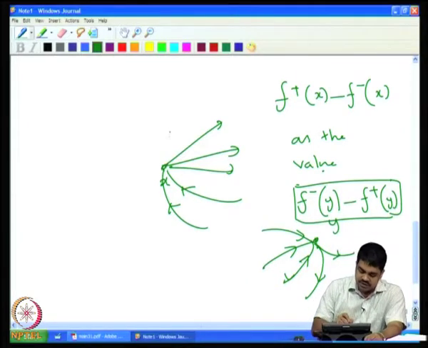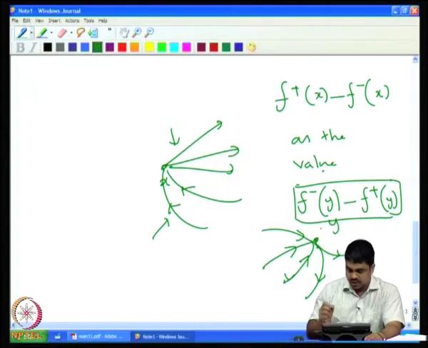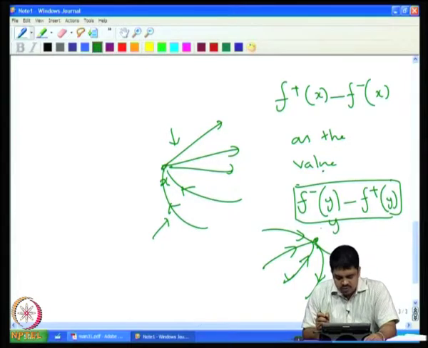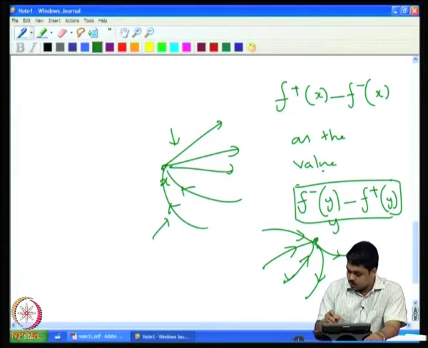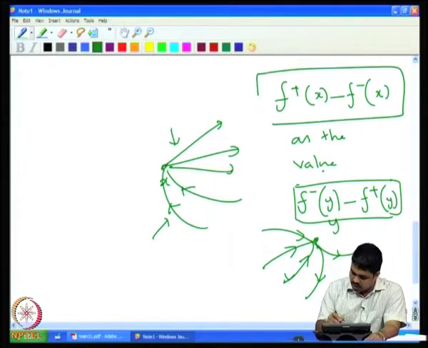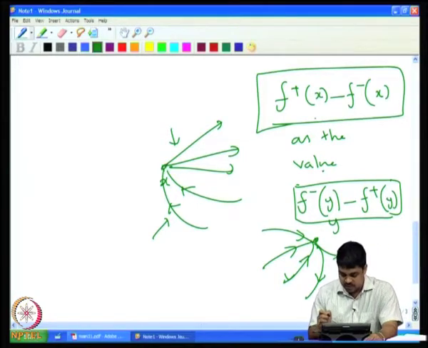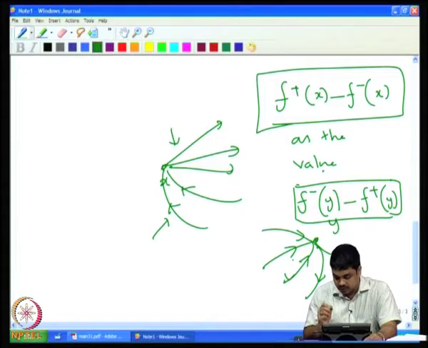So, whatever is sent from x should reach y. We are very much interested to know whether the net outflow from x is equal to the net inflow into y.